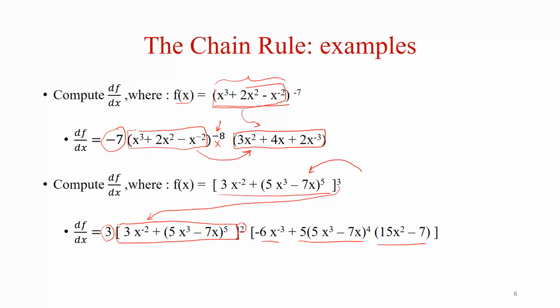Again, I use the chain rule to derive this. This is the 5 here, and whatever is inside this box I put right here. Then I derive what's inside the box, 15x squared minus 7. You can really go over certain examples for this, but obviously the chain rule really simplifies finding the derivative expressions.